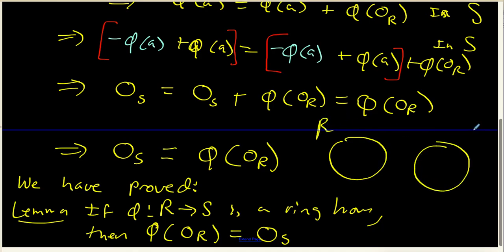Here is R, here is S, this is 0 inside R, this is 0 inside S, and one thing that I definitely know now is that phi is going to take the 0 in R to the 0 in S.